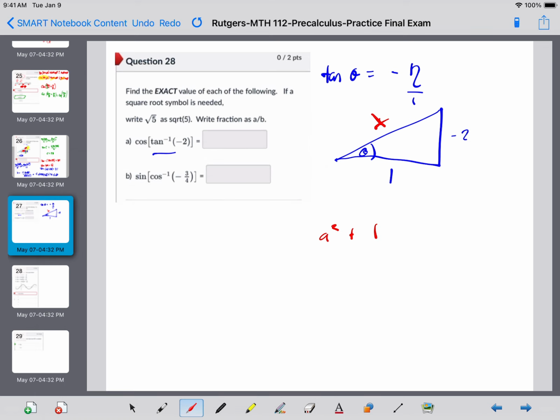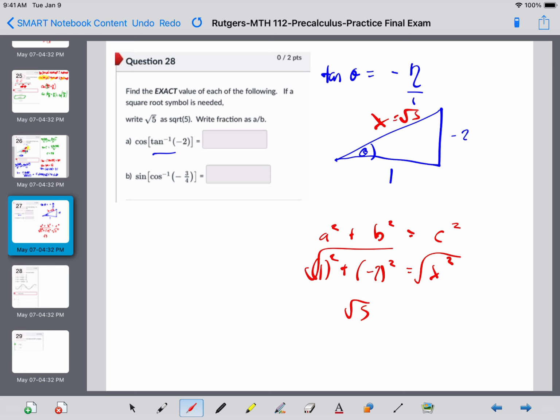A squared plus b squared equals c squared. So I have 1 squared plus -2 squared equals x squared, square root of both sides. So 1 squared plus -2 squared, 1 plus 4 is 5, square root of 5.